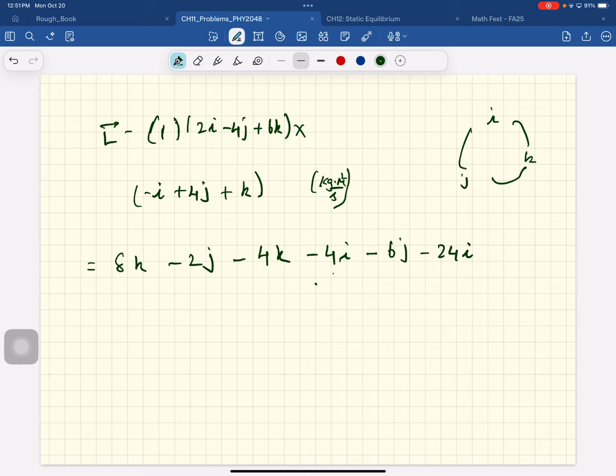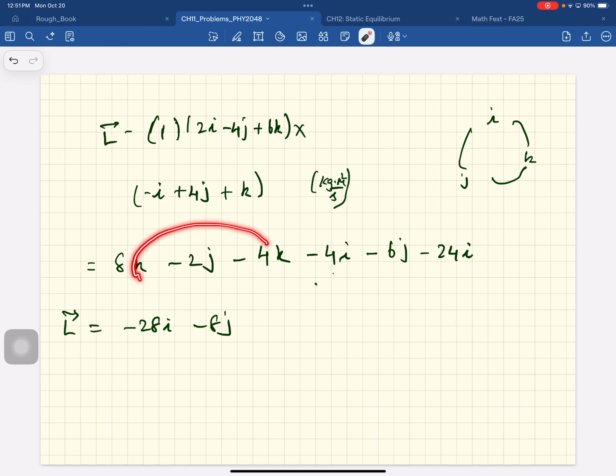And then k cross k is 0. All right, so now we can add everything up. So here's the angular momentum: minus 28i, minus 8j, and 4k.